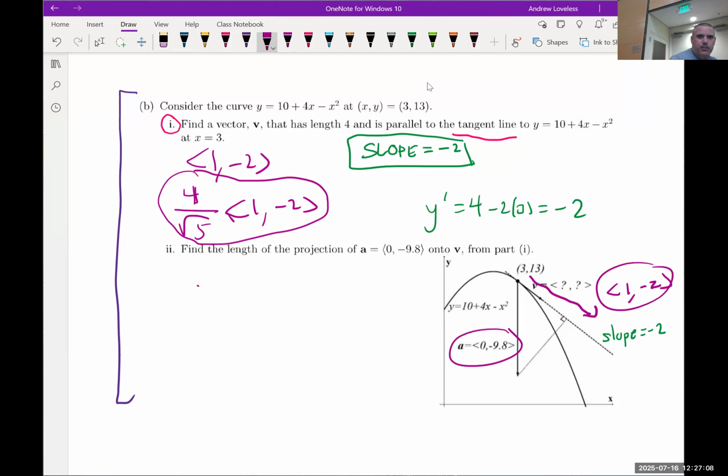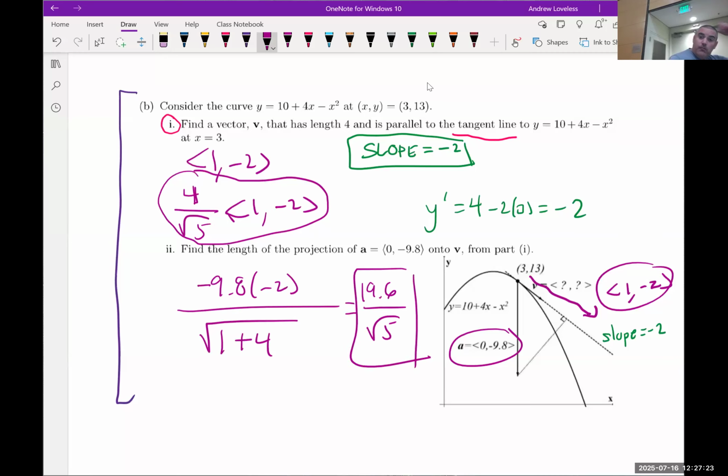I do their dot product, so it's going to be -9.8 times -2 divided by the length of the thing you're projecting onto. So 19.6 over √5. That's probably the setting where I've used projections the most over my mathematical career.